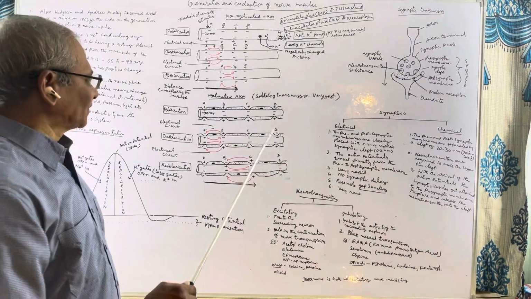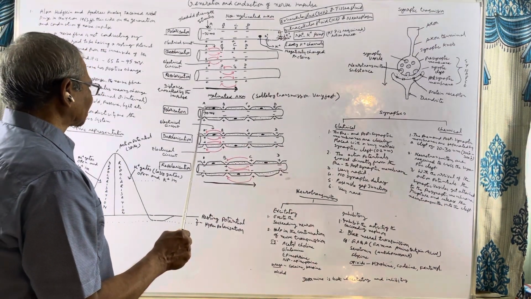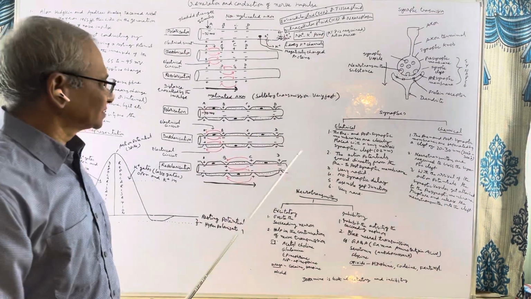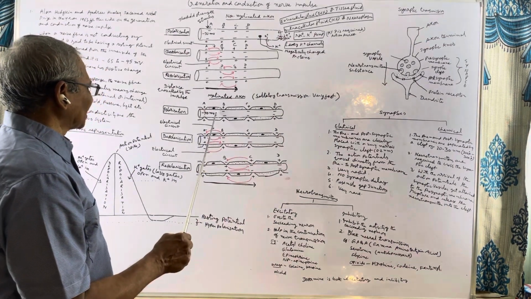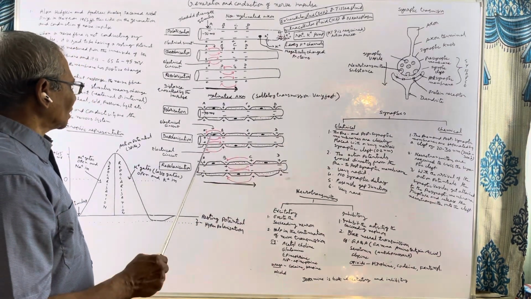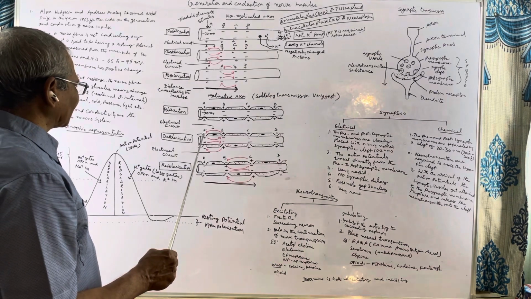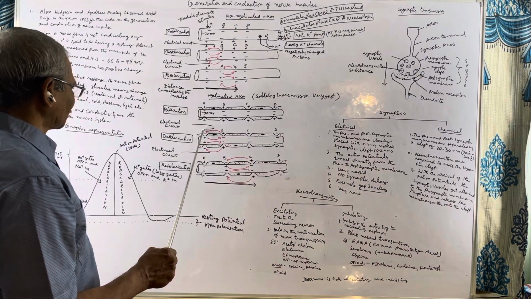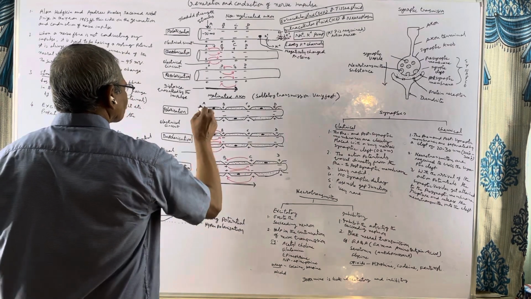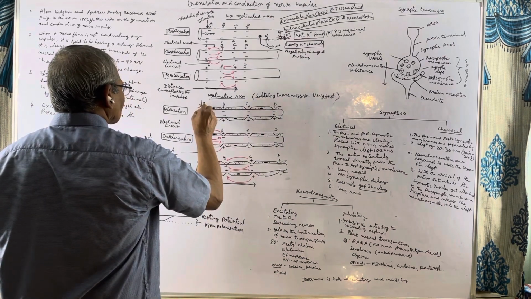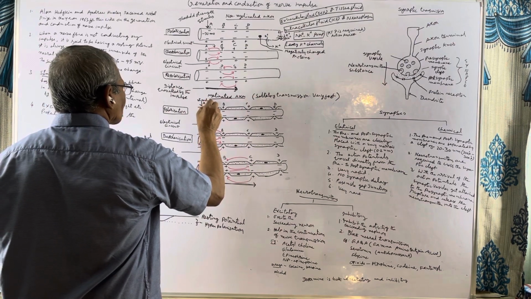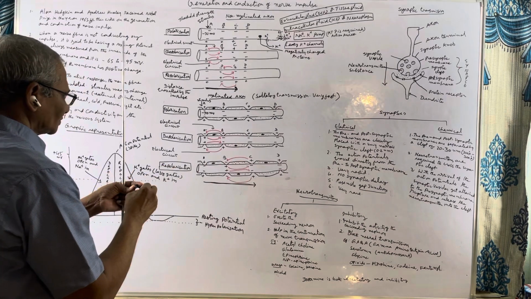At the nodes of Ranvier, the electrical charge is positive outside and negative inside. That means the nerve fiber is in a polarized state. If you apply a stimulus at point A, let us say here we have applied a stimulus, then what happens?